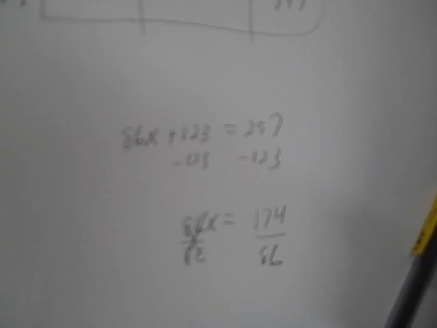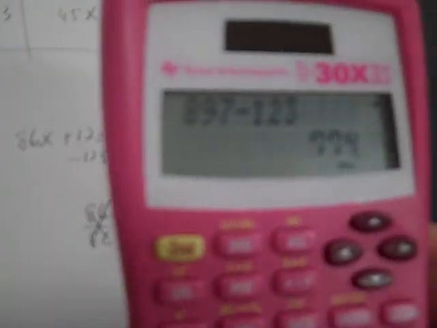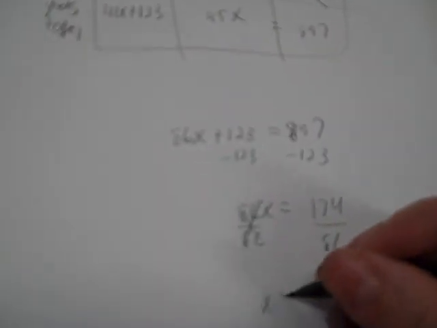Oh, that's 897. That's why. 774 divided by 86 is 9. So x is 9. So here's my solo x, and that's under B. So B is 9. And then A, well, A is just 3 plus that, so add 3, you get 12.